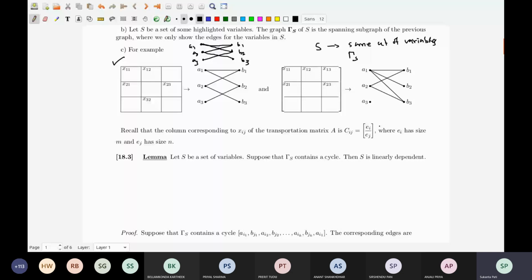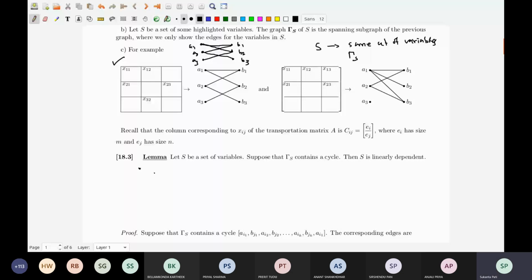This one is easy. Suppose that you are looking at m by n. So assume that this is a bipartite graph, and assume that you have some cycle. There may be more edges.